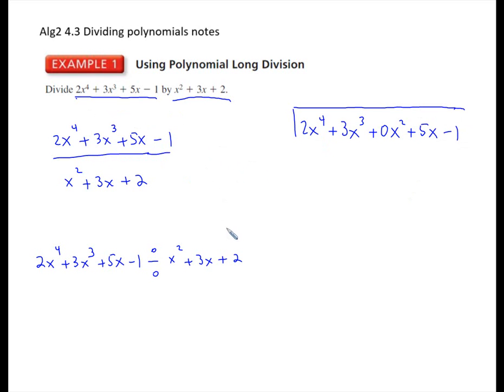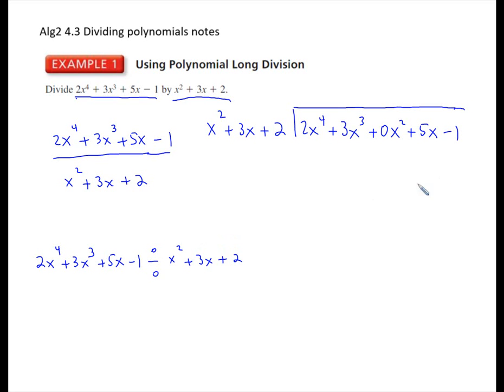Now what you're dividing by goes on the outside: x squared plus 3x plus 2. If that's missing a term, you don't need to put a 0 for it. You only need the zeros for what's on top, the numerator.